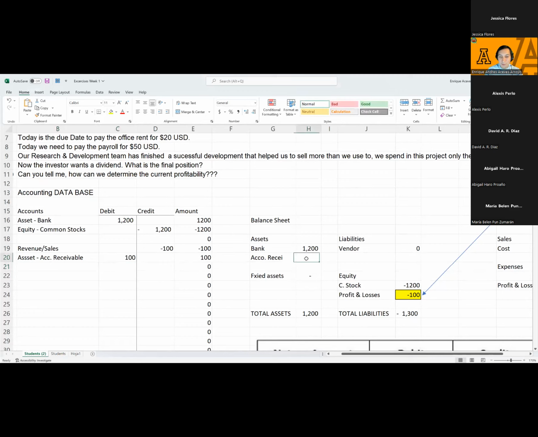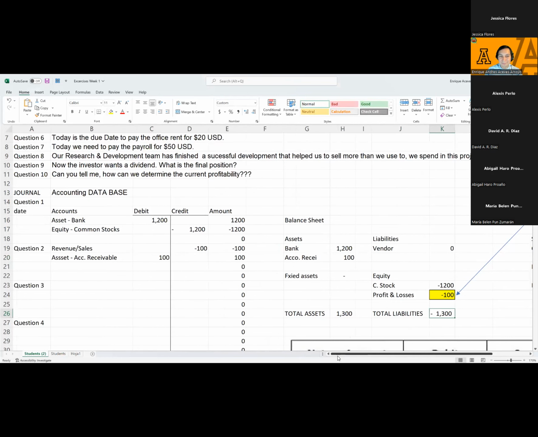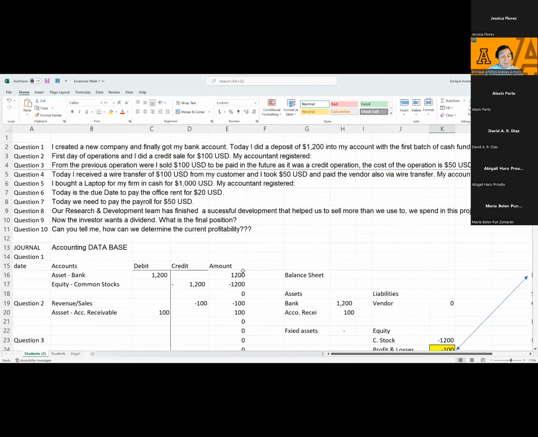And now, how much do I have in here? My balance sheet, it's balanced. Okay. Until here, guys, are we good?